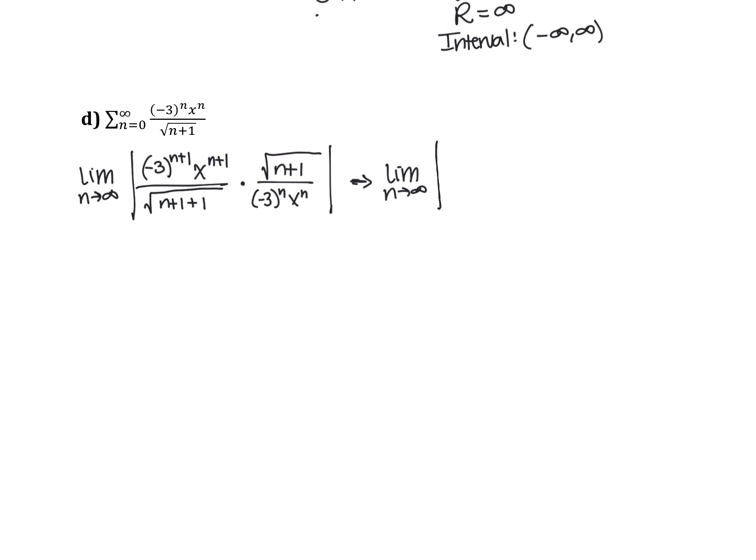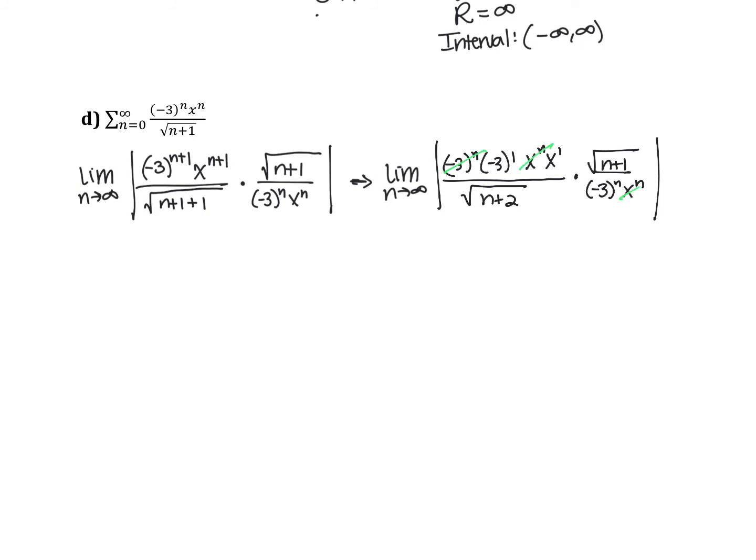So let's clean that up a bit. So we have negative 3 to the n, negative 3 to the first, x to the n, x to the first over the square root of n plus 2 times the square root of n plus 1 over negative 3 to the n, x to the n.